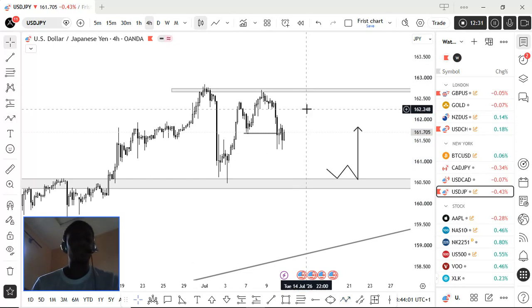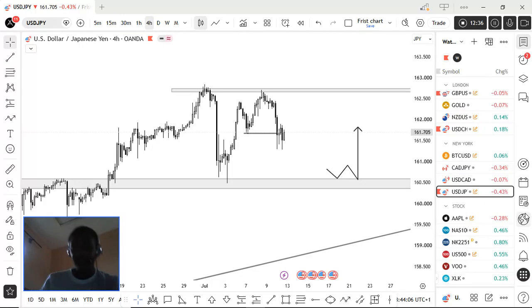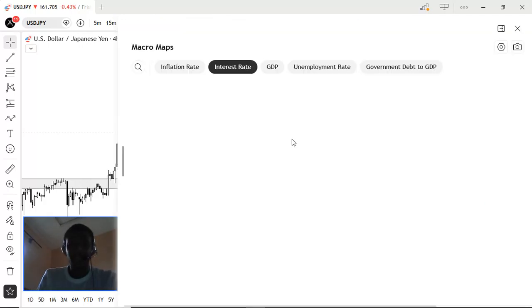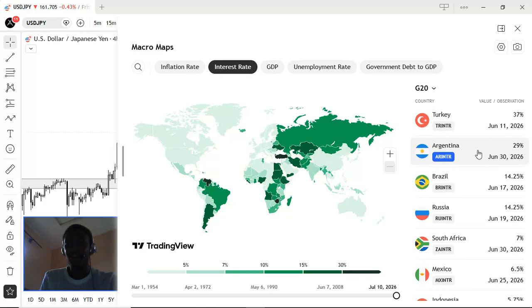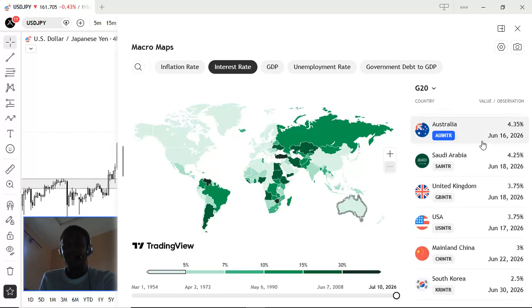The reason why you're trading this pair is that it is a very good pair for carry trading, because if you look at the macros now, let's go to the macros. This is a new feature that TradingView has implemented, macro data in your TradingView, so you don't need to go to Trading Economics to get all your macro data. Let me show you fast.